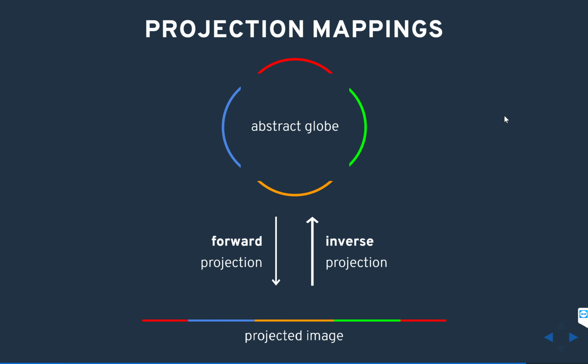So you would essentially have a point cloud on the screen. So in order to interpolate between the points on that point cloud on your screen, you need an inverse projection. So it would say the exact pixel for each pixel on the screen.